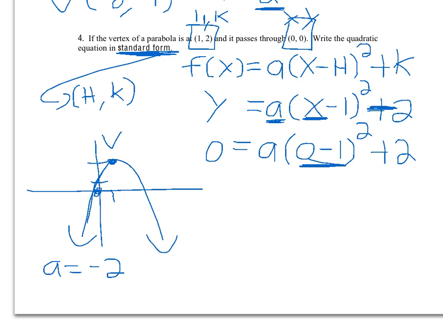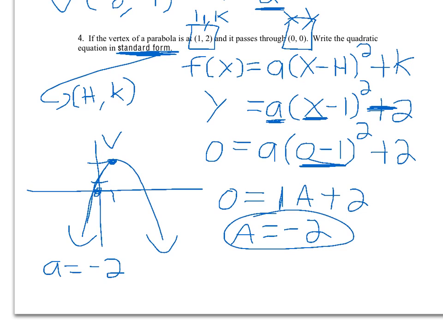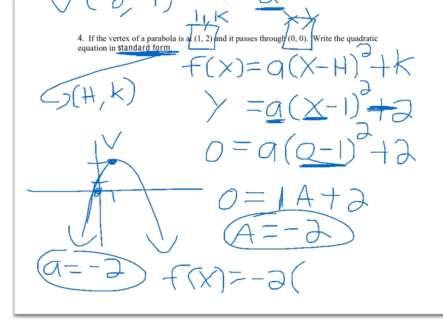Well, 0 minus 1 is negative 1. Negative 1 squared is 1. So you get 0 equals 1a plus 2. So if a plus 2 equals 0, a has to equal negative 2. So I did it algebraically. Here, I did it graphically. Regardless, this is our equation in standard form for the quadratic. It's negative 2 times the quantity of x minus 1 squared, and then plus 2.